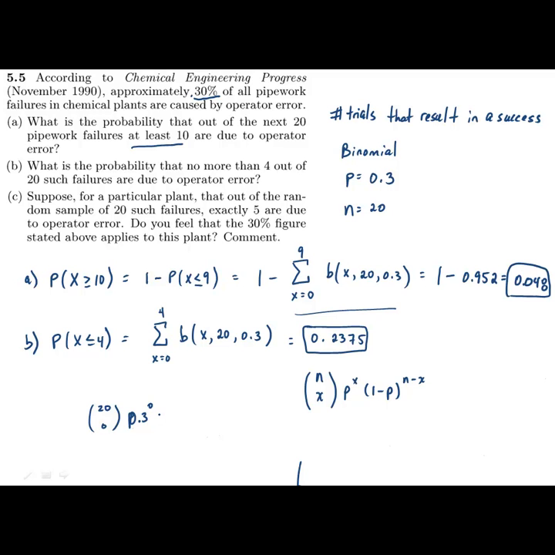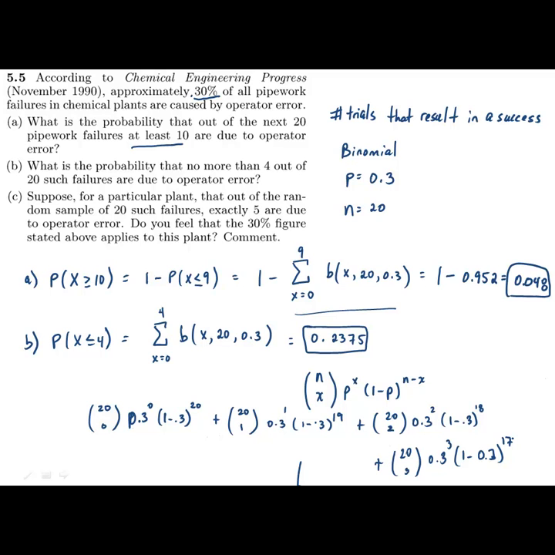to the power of 0, 1 minus 0.3 to the power of n minus x, which is 20, plus 20 choose 1, 0.3 to the power of 1, 1 minus 0.3 to the power of 19, plus 20 choose 2, 0.3 to the power of 2 times 1 minus 0.3 to the 18, plus 20 choose 3, 0.3 cubed, 1 minus 0.3 to the 17, and we go up to 4.